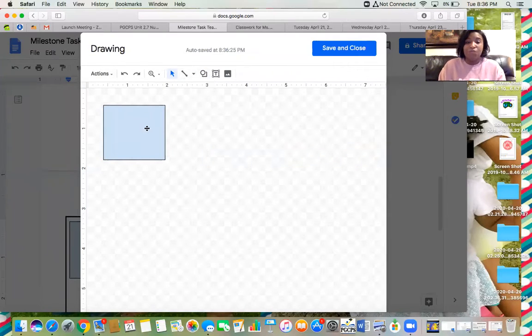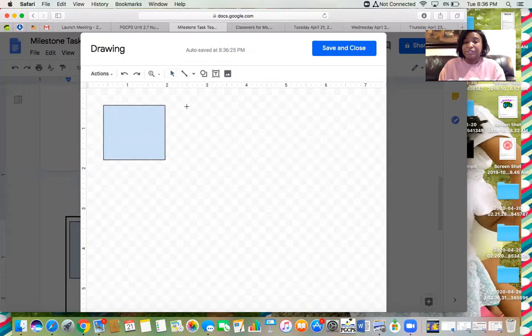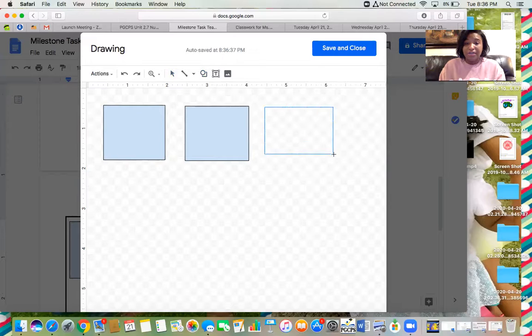I'm going to have 100 right here. I know I need how many hundreds? 3. So I'm going to make another 100. There we go. And it doesn't have to be perfect, but it does need to look like it's 100. Now I have 3 hundreds. 100, 200, 300. Great job.